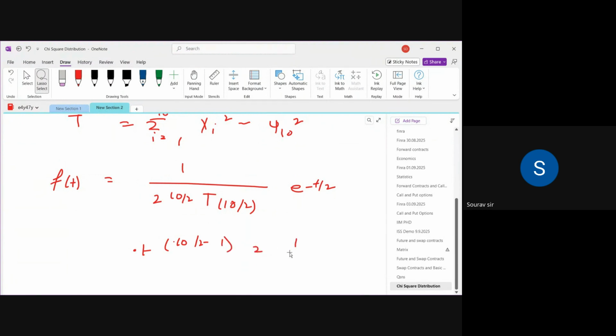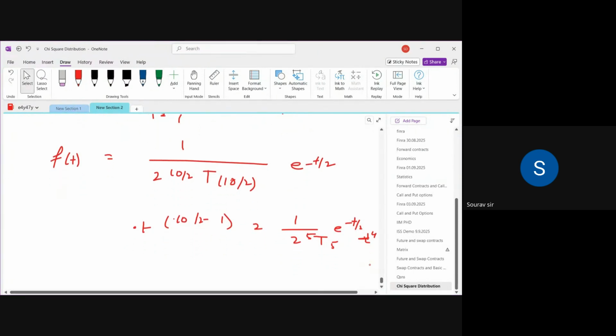So that is 1 by 2 to the power 5, gamma 5, e to the power minus t by 2, t to the power 4, where t is greater than 0.